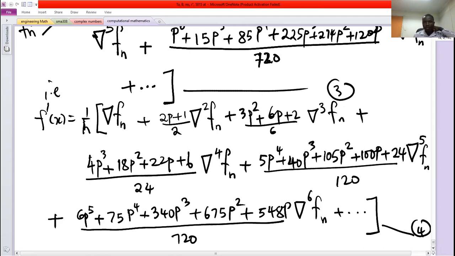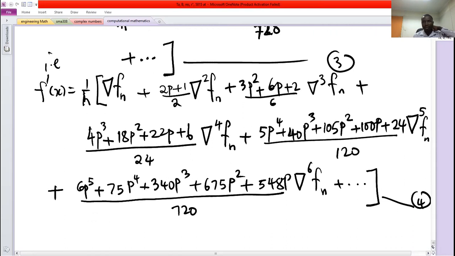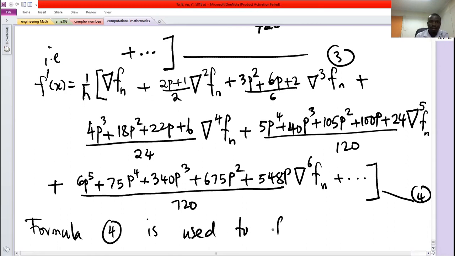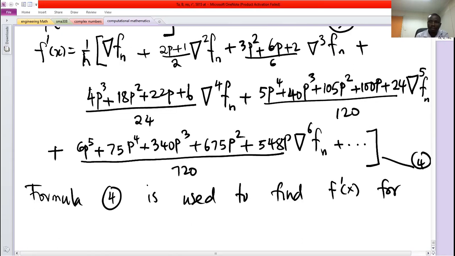So equation 4 is used to carry out the first derivative with respect to the Newton backward difference formula when you have an untabulated value. So formula 4 is used to find f prime of x for non-tabulated values of x.